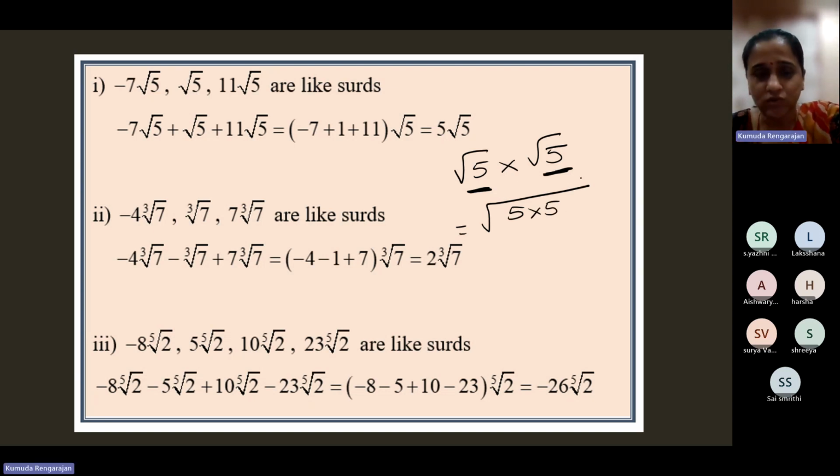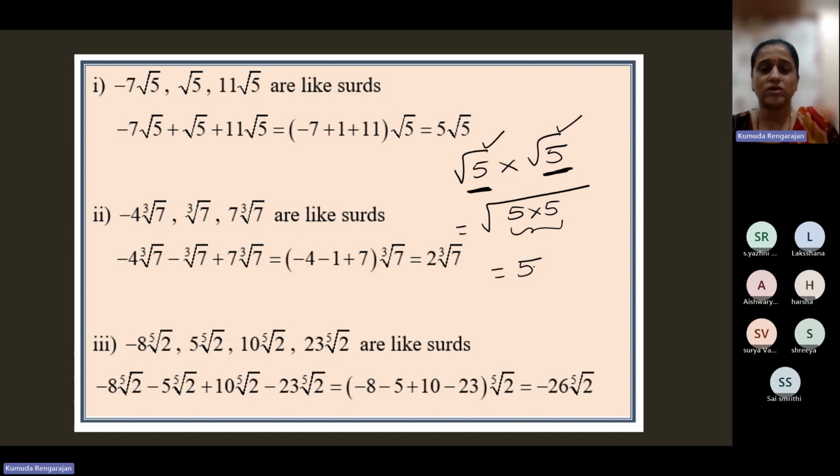So from two 5s, one 5 comes out, right? So root 5 into root 5 is 5. This is irrational, but the product is rational, but not always.